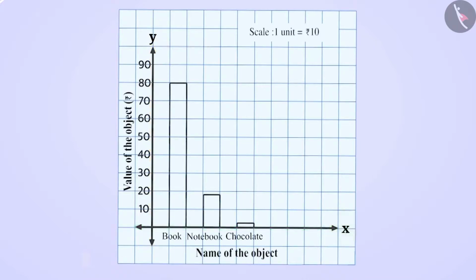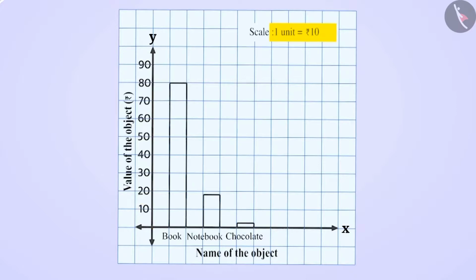Here, the name of the objects is shown on the horizontal axis and the numerals on the vertical axis, which represent the value of the object. Here, the scale is 1 unit equals rupees 10. This means that 1 unit of length is for rupees 10.